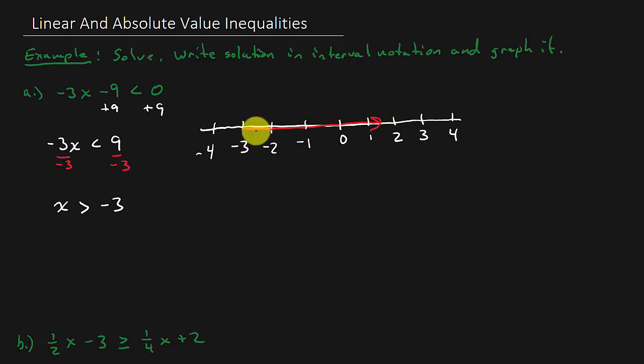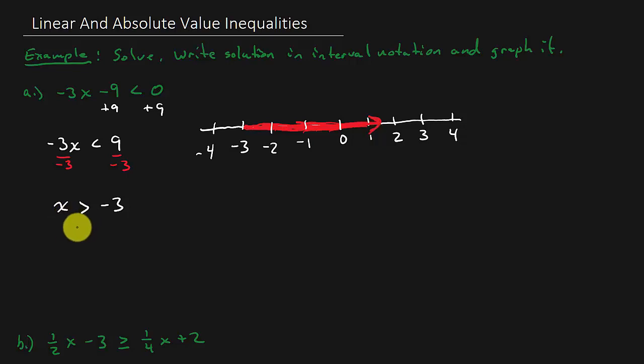Now, when you're taking a test or doing your homework, you probably won't have different colored pens and pencils. So what you can do is just make this thicker on the number line so your teacher can see what's going on. Now, let's look at this.